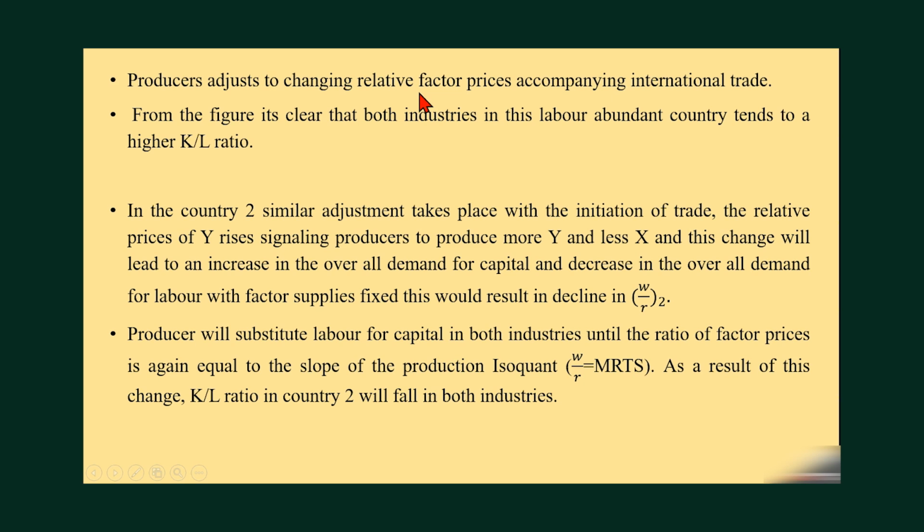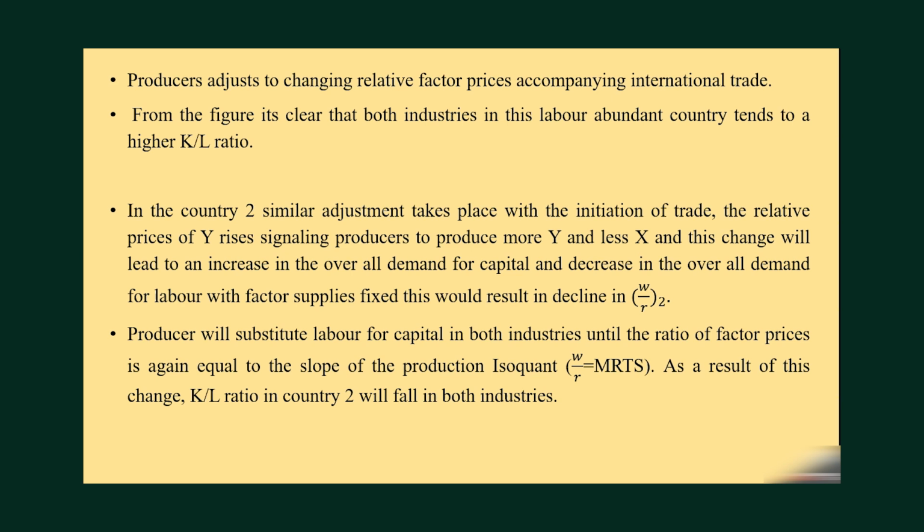The adjustment of the producer to changing relative factor prices is accompanied by international trade. And we observe that country 1 is now becoming relatively more capital intensive in production despite being a labor abundant country. A similar adjustment will take place in country 2.